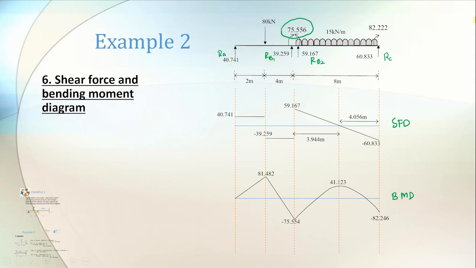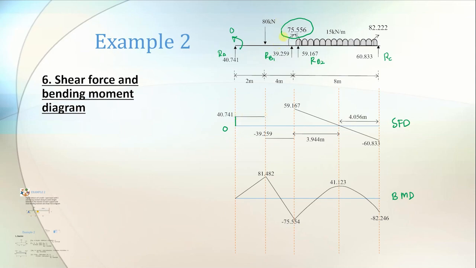Support A is zero, so that's why I don't draw it. Then we draw. For RA it is 40.741 going up. Okay, therefore it goes up. Here 0. Then there is no load at all, so it becomes a straight line.